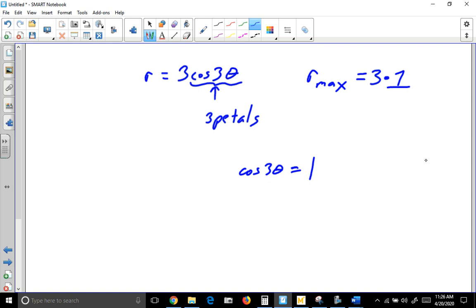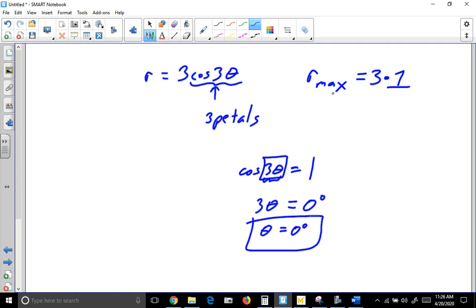Well, as you make multiple rotations, there might be more than one place. But in the first rotation, the only place where cosine is equal to 1 is when our angle is 0 degrees. So not necessarily theta, but whatever our total angle is when it's 0. Well, notice regardless of what this coefficient is, when we divide 0 by that coefficient, theta is going to be 0 degrees.